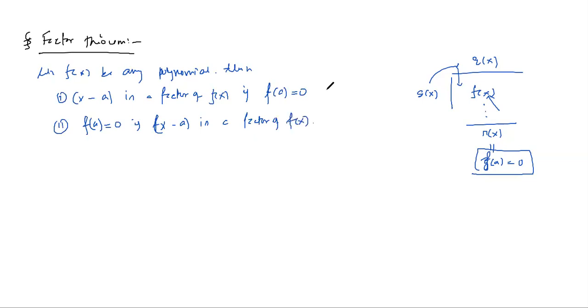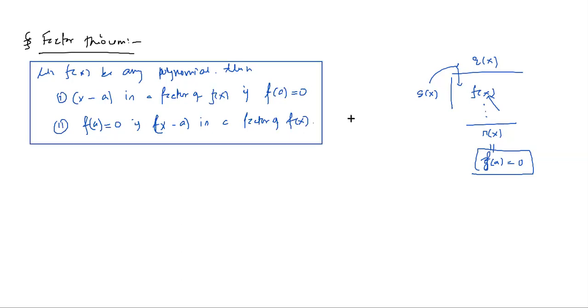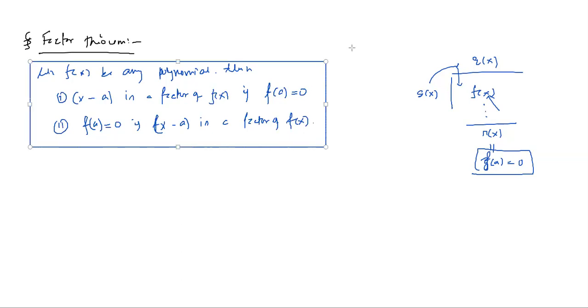This is the vice versa condition you have to remember. Vice versa condition, मतलब उल्टा पुल्टा conditions. अगर फैक्टर होगा, तो f of a must be 0 होना है, और f of a 0 होने से फैक्टर होगा.